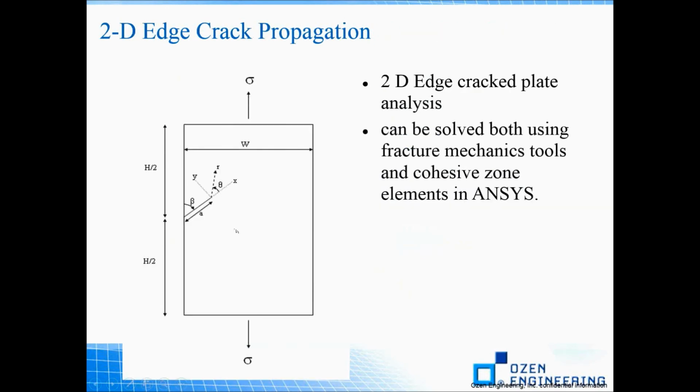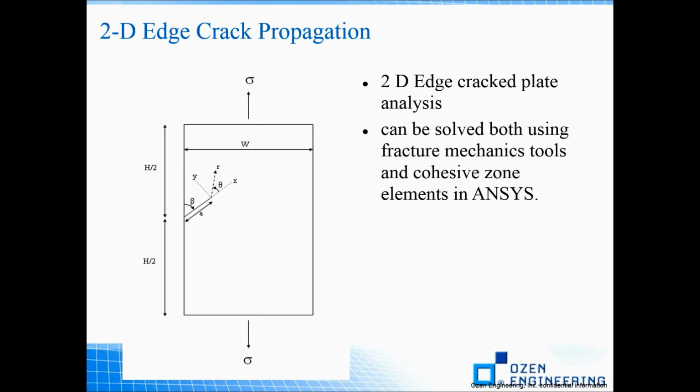Towards the end of our webinar, we will briefly show some simpler applications, starting with this case which shows one of the well-known introduction problems to fracture mechanics, i.e. the 2D edge crack propagation problem.